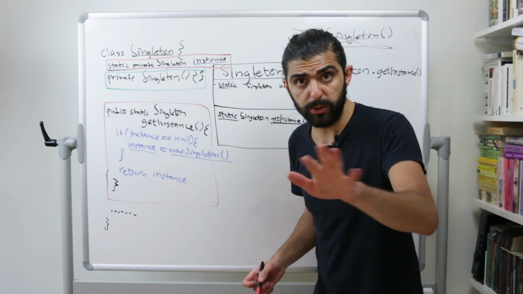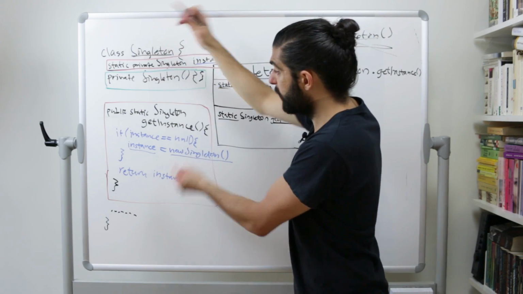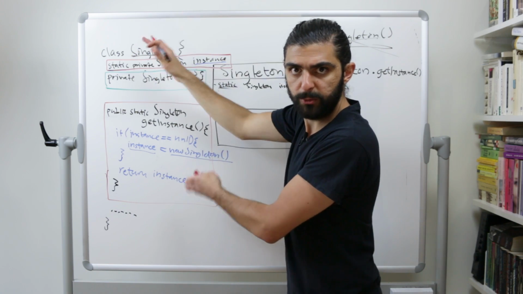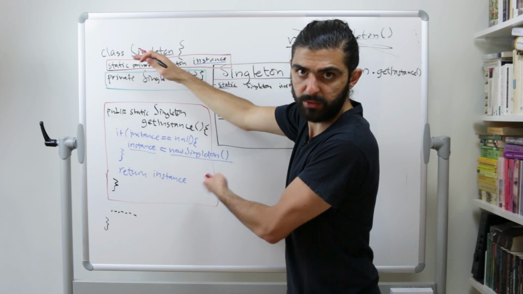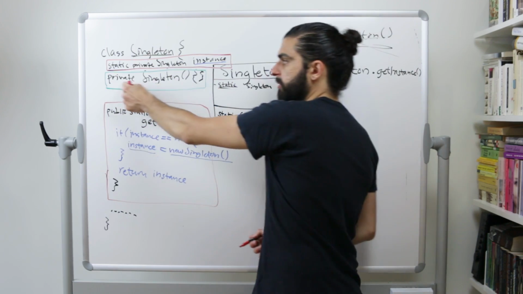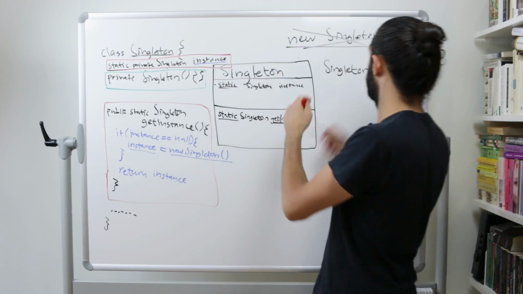So let's just quickly review this before we wrap up. So we have a class called Singleton, and we want to have a single instance of this class globally. We want to forbid ever having multiple objects of this class. So what do we do? Well, we make the constructor of the singleton private, which means that you can't construct the singleton from the outside.